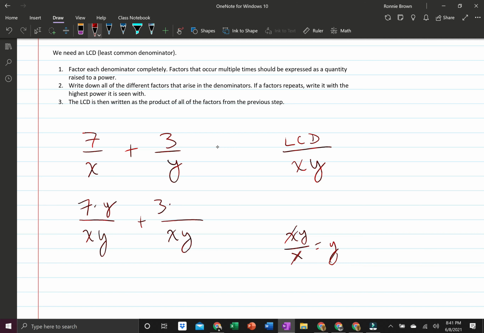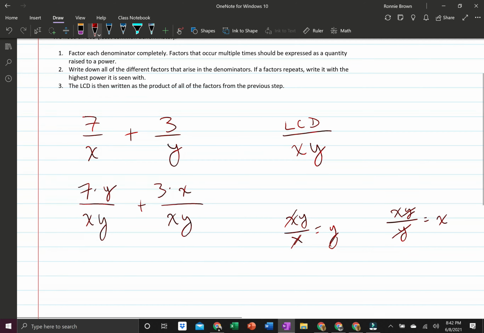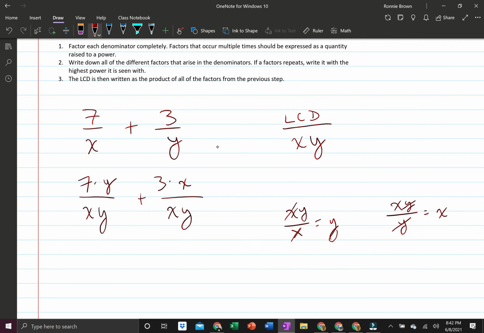Same thing, let's do that again. I'm going to take this xy, the LCD, and divide it by the old denominator of the second rational expression, which is y. When I do that division, these cancel out and I'm left with x. So that x is what you'll multiply times the old numerator to come up with a new numerator. Our new numerator for the first one is 7 times y, which is 7y, and it's still over xy.